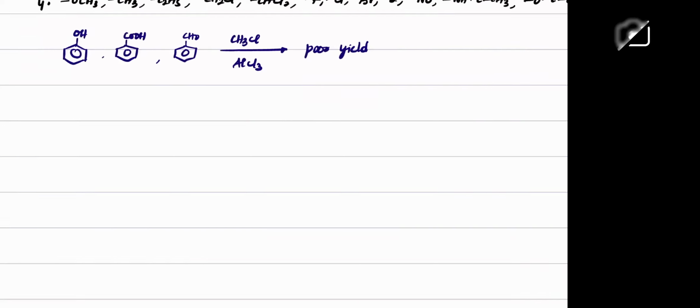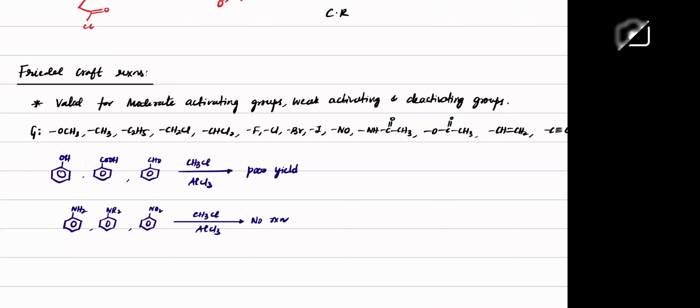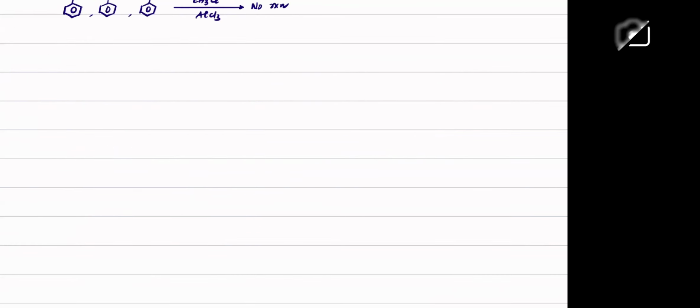But if you take NH2, NR2, NO2, these are very strongly donating or strongly withdrawing. So in that case, there is no reaction. That's it. These are the Friedel-Crafts cases you need to know. In which case, what happens? Right. Last of the reaction here is about free radical reactions.